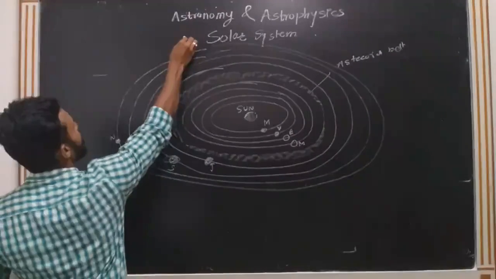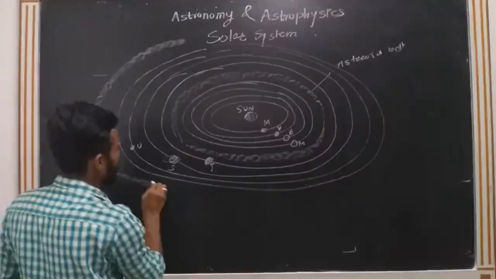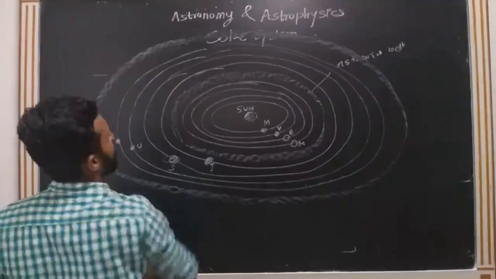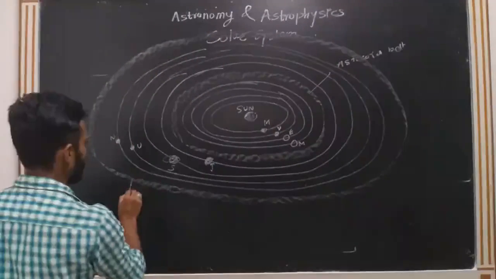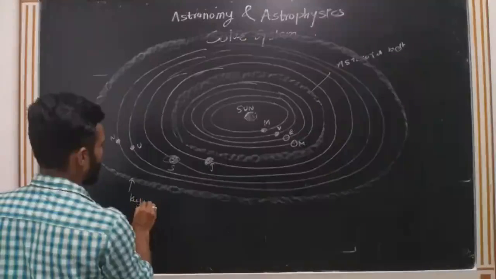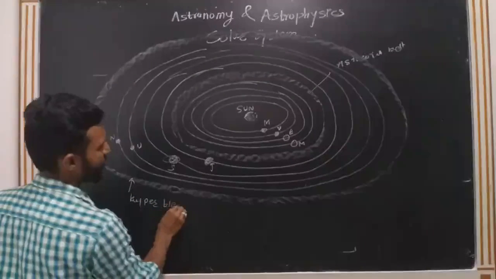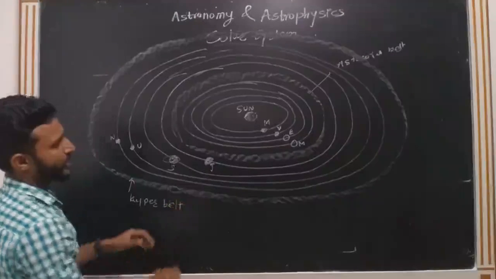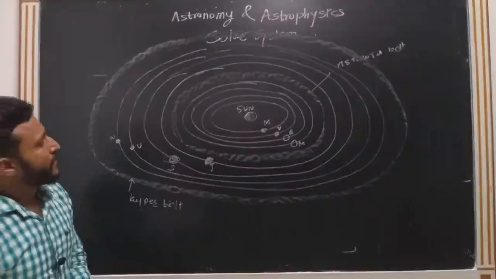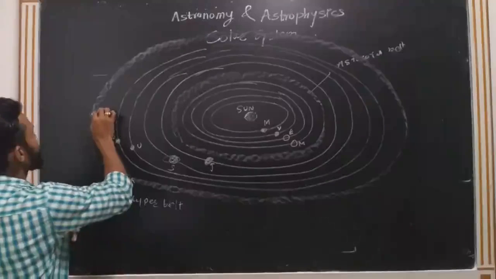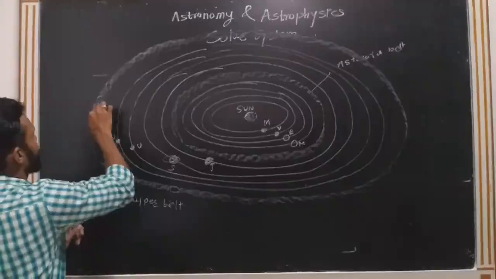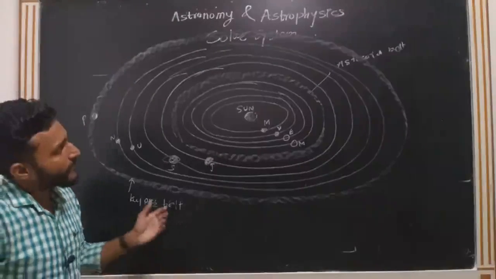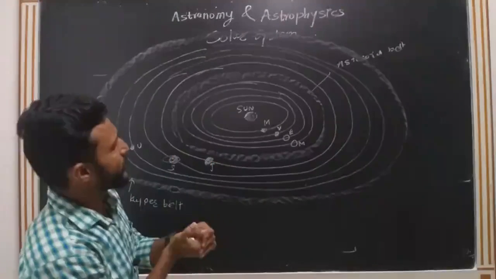And then after that, the Kuiper belt, which is much larger than the asteroid belt, and Pluto is here somewhere in the Kuiper belt. So this is the structure of our solar system.